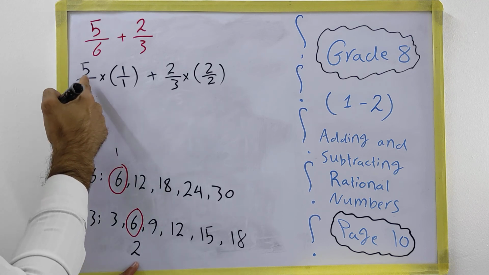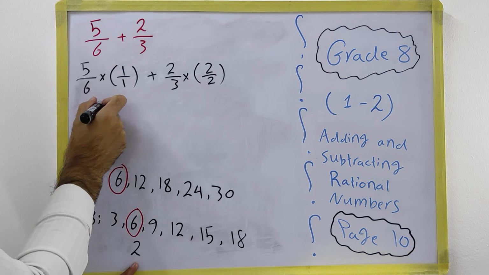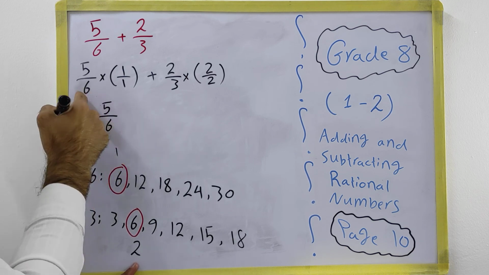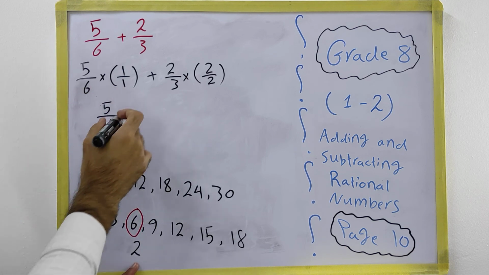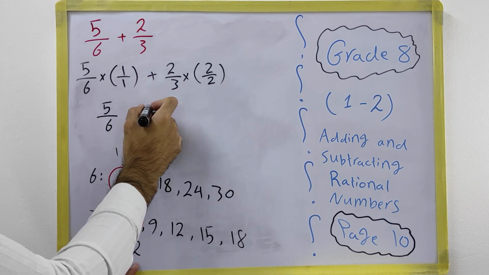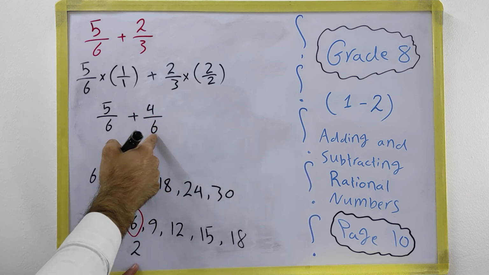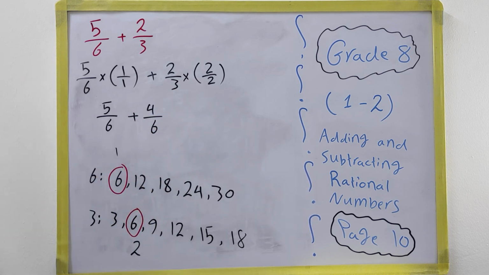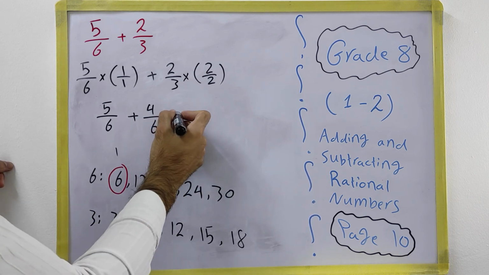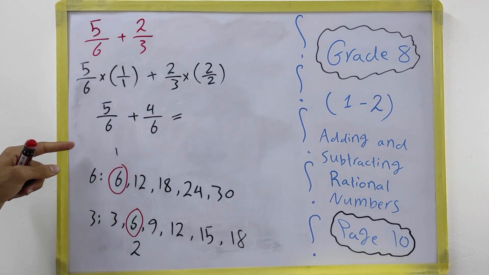So now we do the multiplication. 5 multiplied by 1 is 5, 6 multiplied by 1, plus 2 multiplied by 2, 3 multiplied by 2. We see now we have the same denominator, which is 6. Now we go to the way we did for the same denominators.